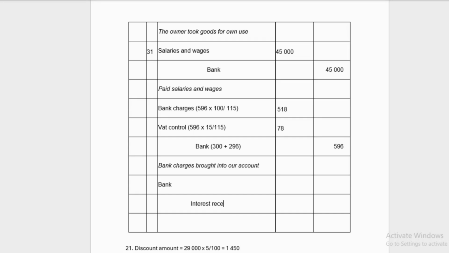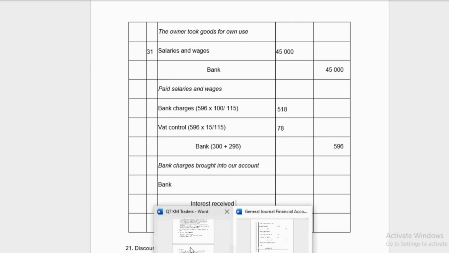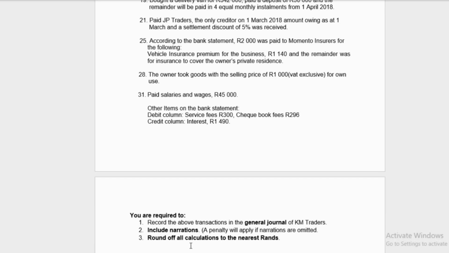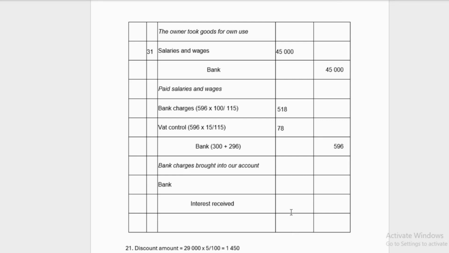Interest received or interest income, no problem. And then of how much? Of 1,490. No, there's no VAT on interest. So on interest, there's no VAT. Okay, we don't account for VAT on interest.